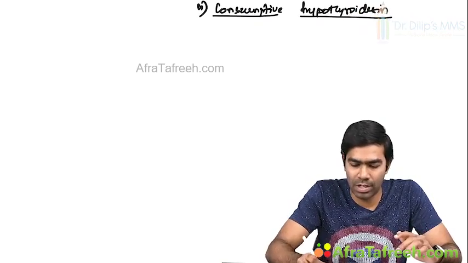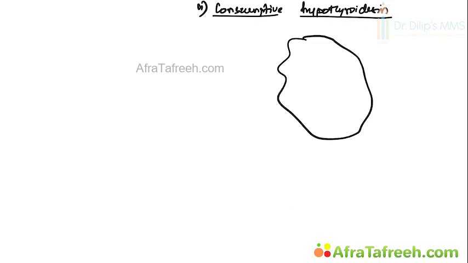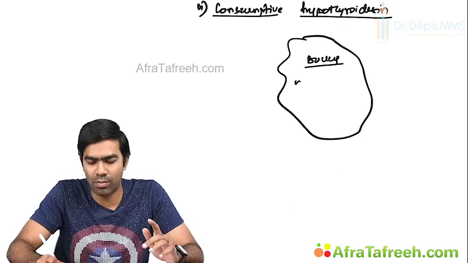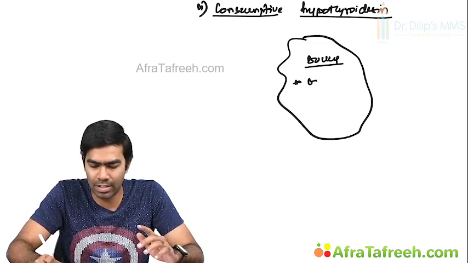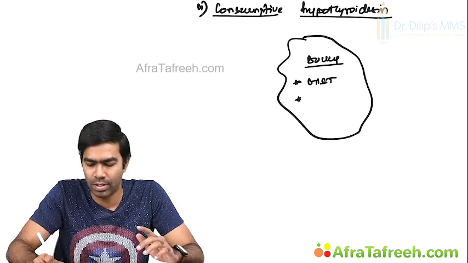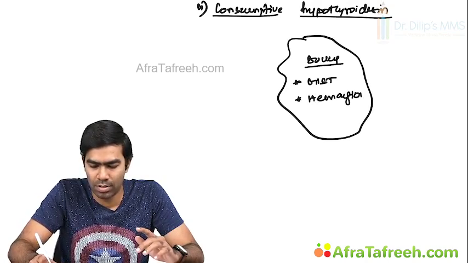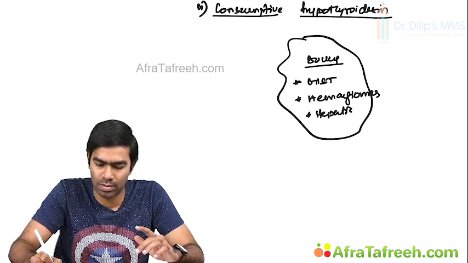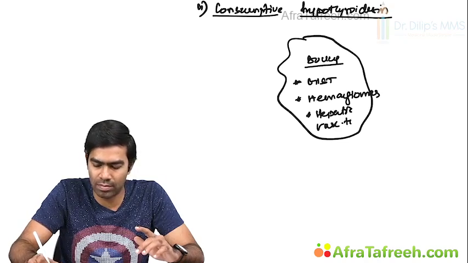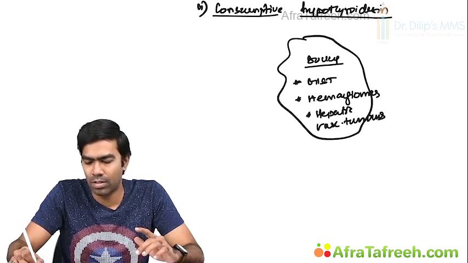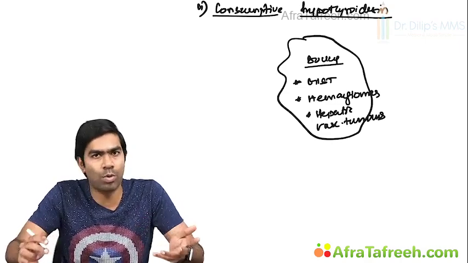There are some large and bulky tumors, especially if they are very bulky, very big. And what are the tumors? Like GIST, gastrointestinal stromal tumor, or some big hemangiomas, and certain hepatic vascular tumors, like HCC itself. So they do produce hypothyroidism.